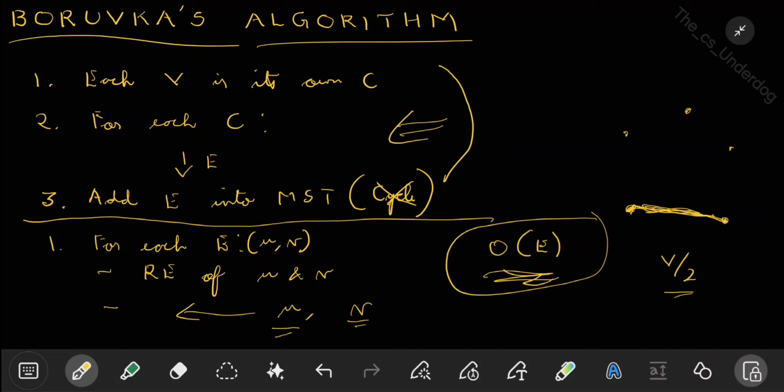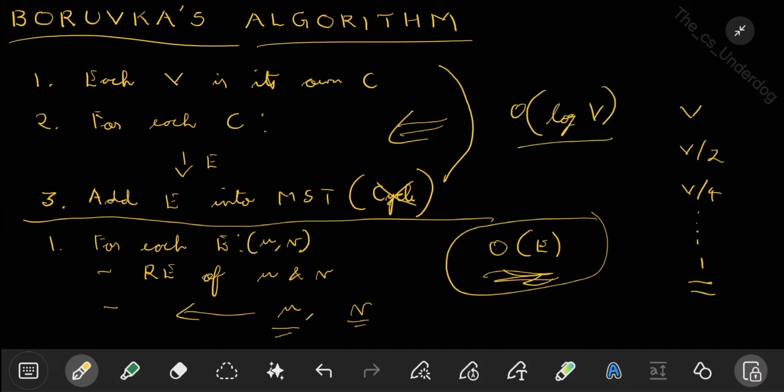Then how many steps will it take to reach one component? Initially you have V components. After one phase you have V by 2 components, then V by 4 components. Like this, how many steps will it take to reach only one component? From the analysis that we explained in the time complexity lecture, we know that this takes log V steps.